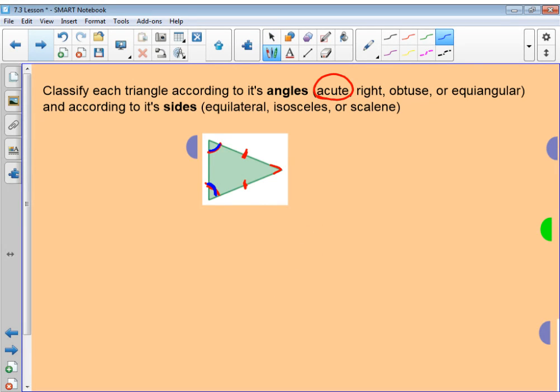And yes, that works every time 2 sides are equal. You're going to have 2 angles that are equal. If those 2 sides are the same, that means there is one that is isolated or different, so it would be isosceles. So we would have an acute triangle, also isosceles. You're going to have 2 names for every one according to its angle measure and its side lengths.